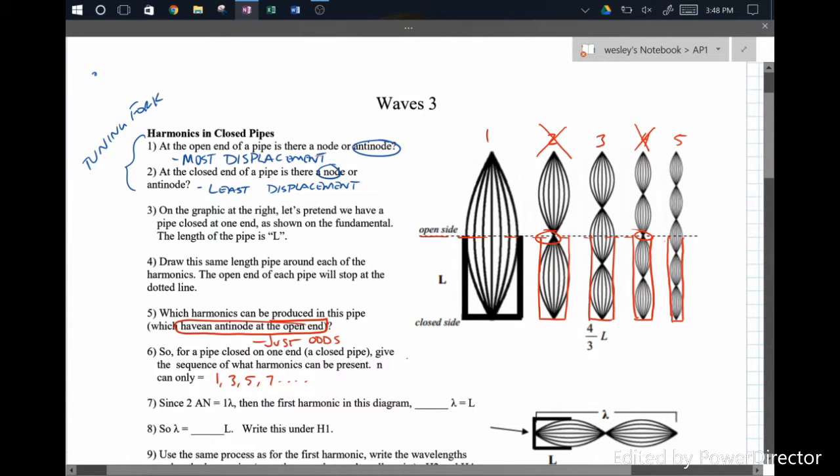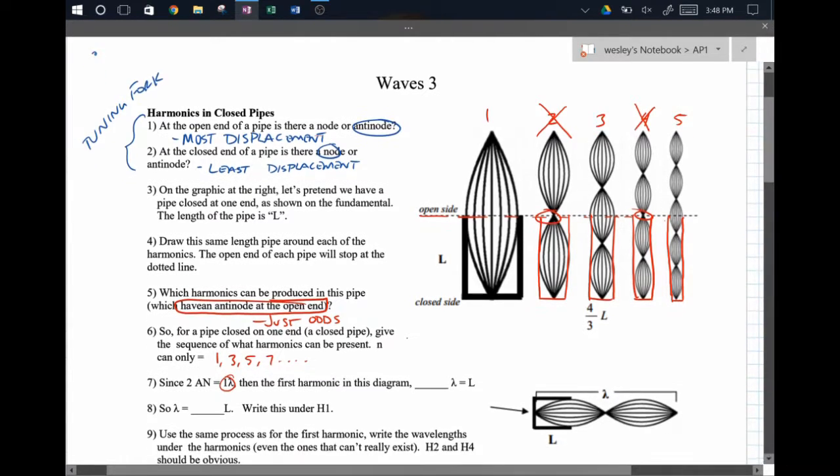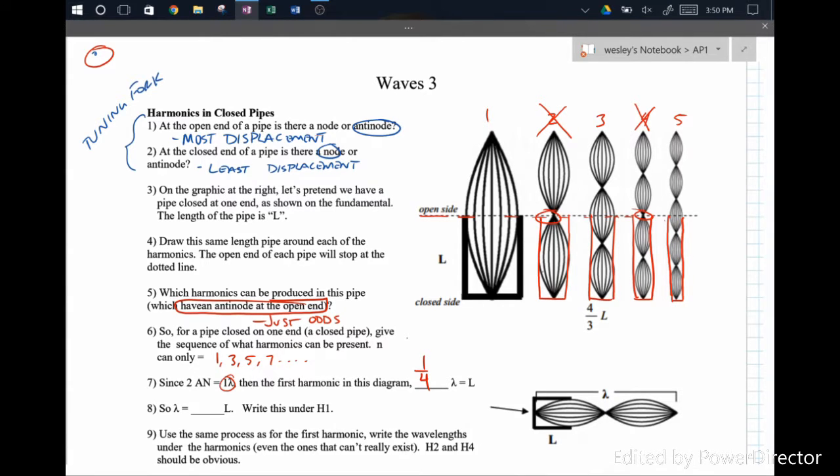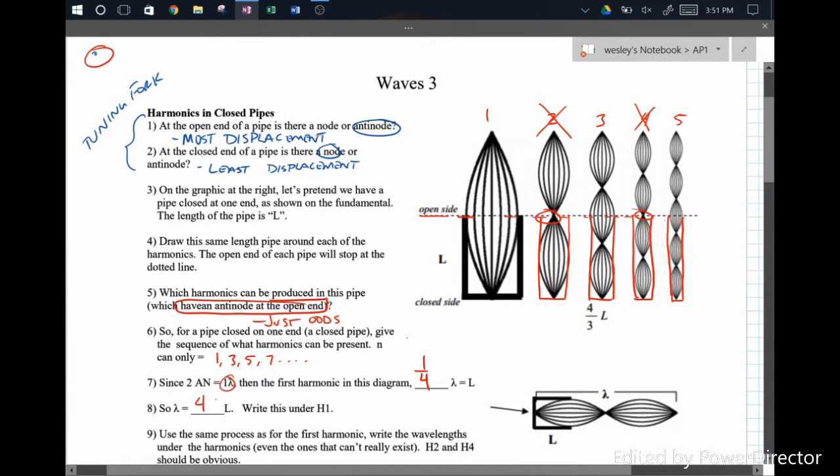Since 2 full antinodes like that is 1 wave, the first harmonic in this diagram is a quarter of a wave. This is the amount of wave that we have in here. That's a quarter of an entire wave shape. So if we solve that for lambda, lambda equals 4L.